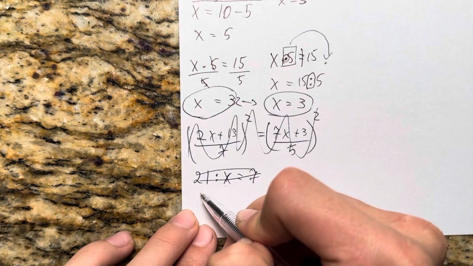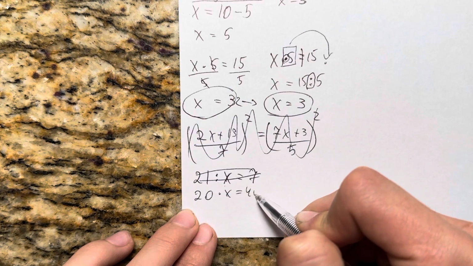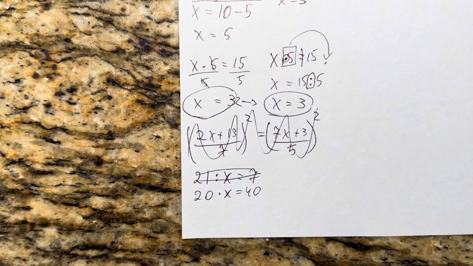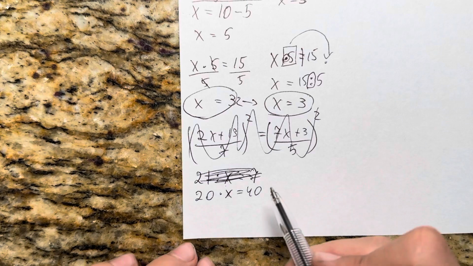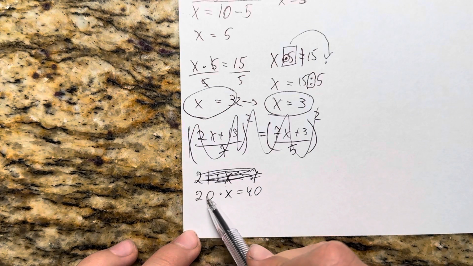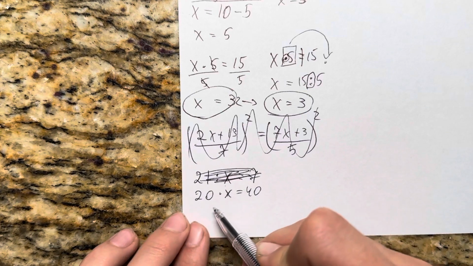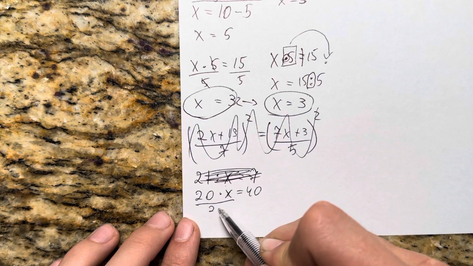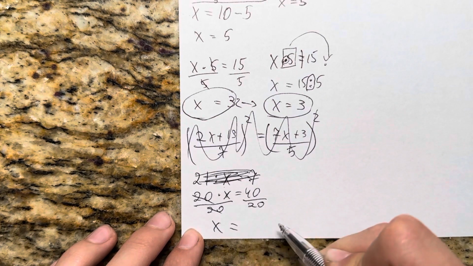Let's do this one. We're trying to solve for x, and we have to leave the x all by itself. So I have to remove this from this side and move it to the other side. Along this way, we can divide both sides by 20, and what we'll get is x equals 2.